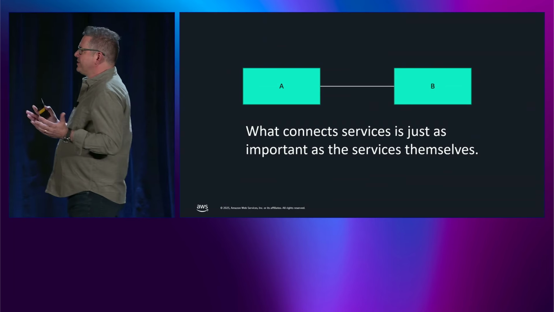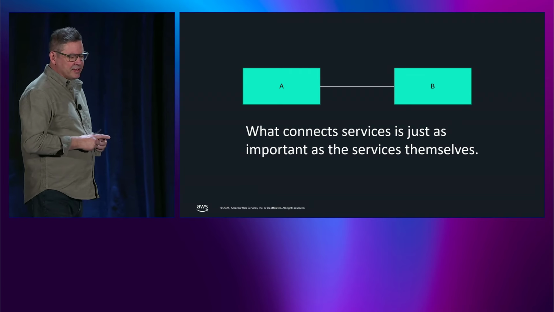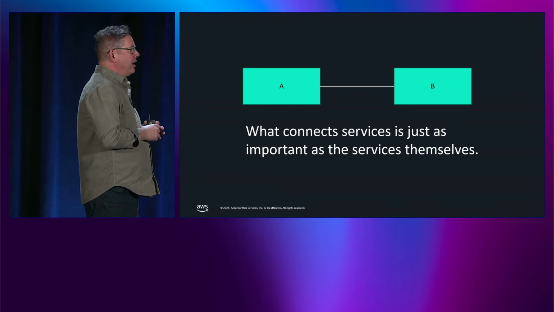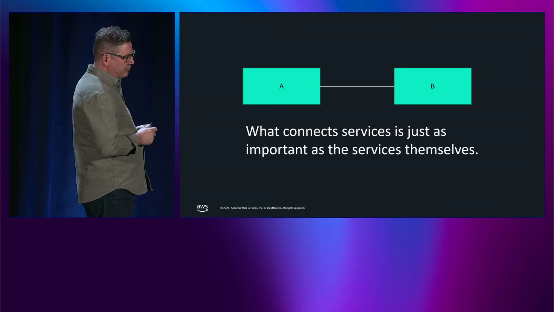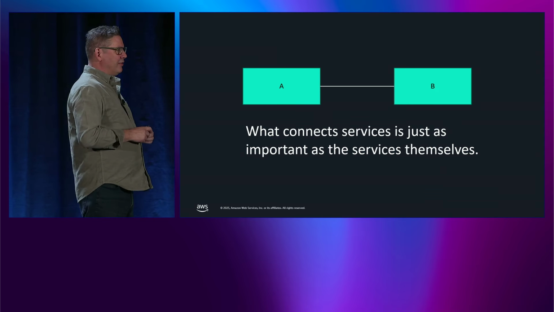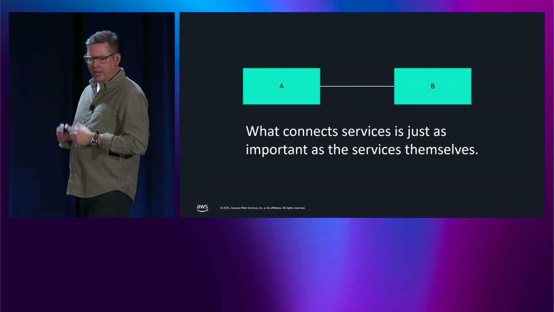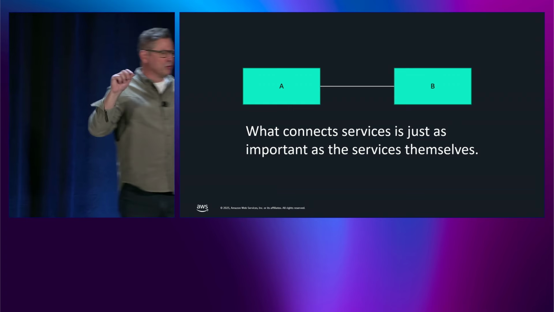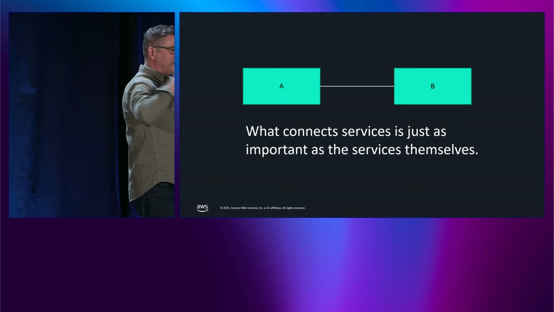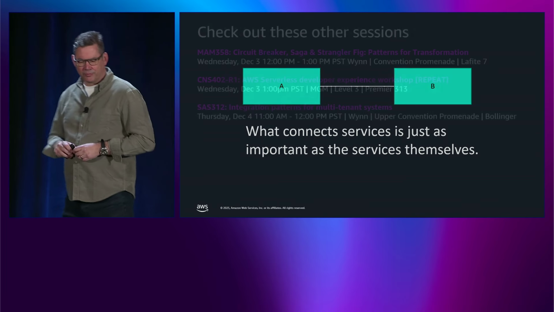And it's not just about what connects the services that's important, but the actual services themselves. All right, and again, take note of this: two boxes in a line architecture. Think about this the next time you're looking at an application architecture and go, hang on a second, what assumptions am I drawing when I'm looking at a line being connected from one service to another? And ask yourself those questions.